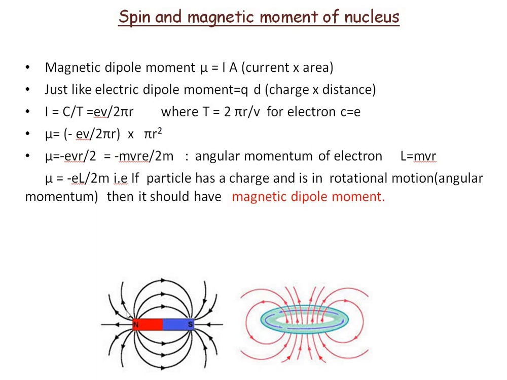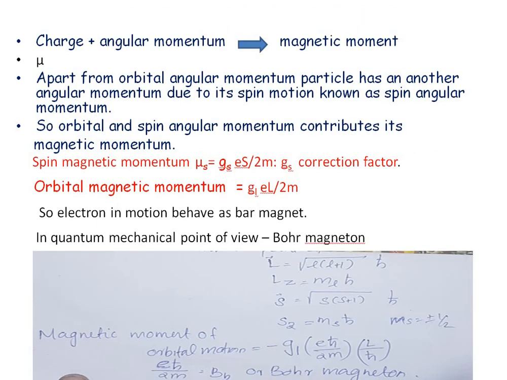Normally, a magnet has a magnetic moment, but a charged particle undergoing a rotational motion also has a magnetic dipole moment because of its charge and its motion. So if a particle has a charge and angular momentum, it should have a magnetic moment associated with it, normally represented by the letter mu.